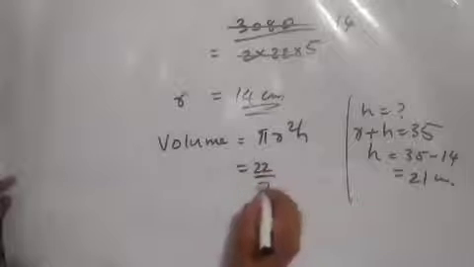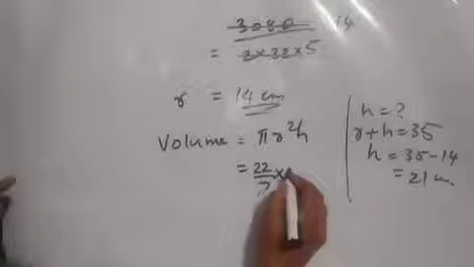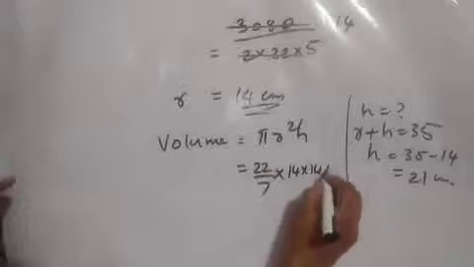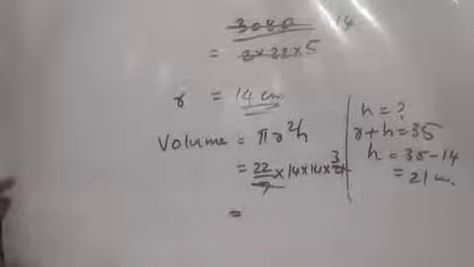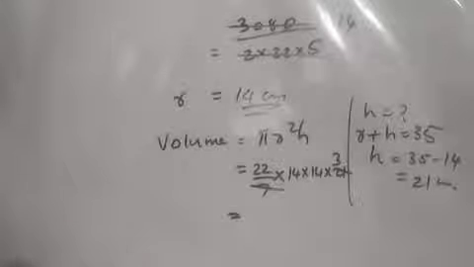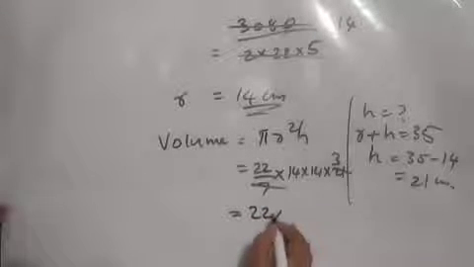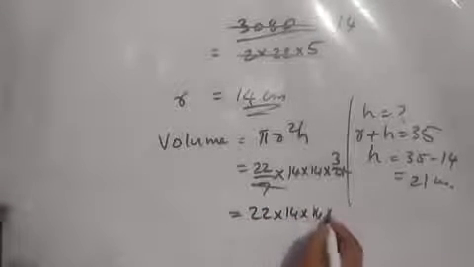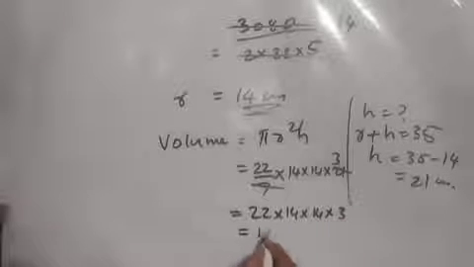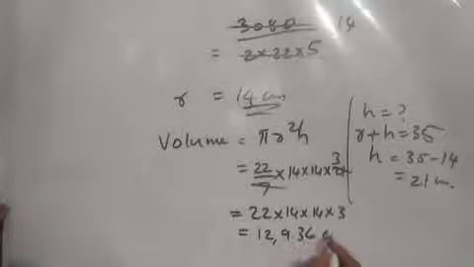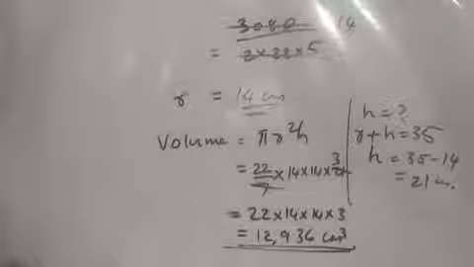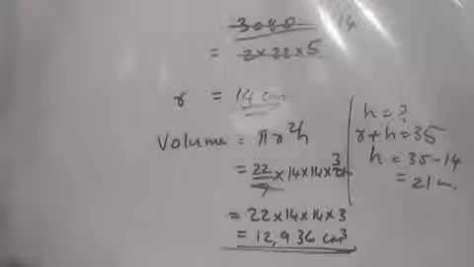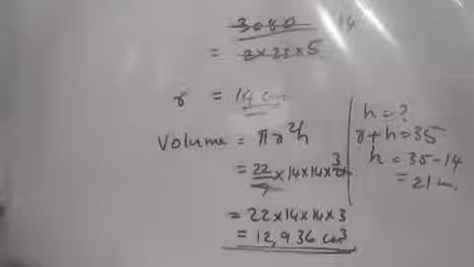So substitute 22 by 7 into r square. 14 into 14 into 21. Multiply to obtain the volume. That is equal to 22 into 14 into 14 into 3. 12,936 centimeter cube. This is the volume of the cylinder. Okay. Next is question 23.